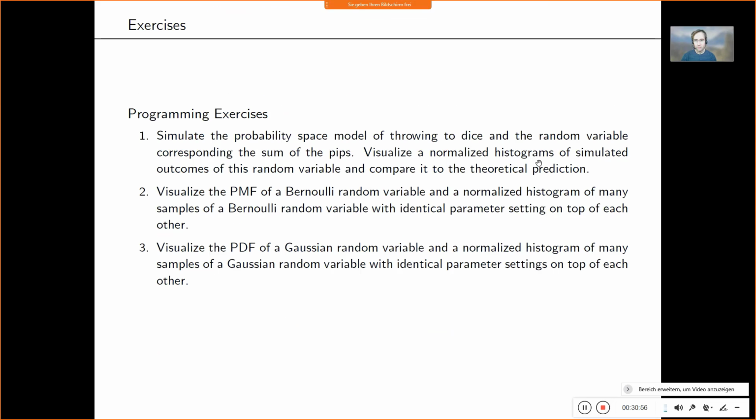Then we can already go to our programming exercises, and I am not completely clear who's doing what, but you will tell me. So the programming exercises specifically with respect to the random variable simulations and histogram visualizations are quite straightforward.